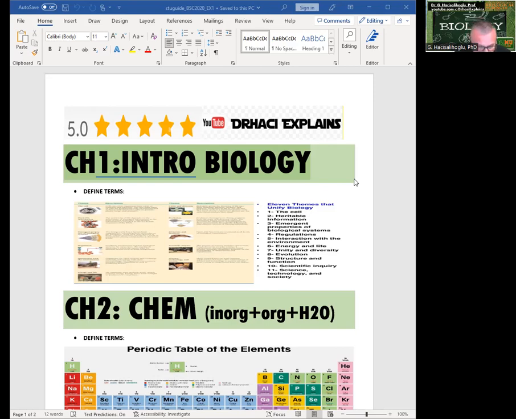The core theme is evolution, one of the core themes, which basically accounts for the unity and diversity of life, combining both.